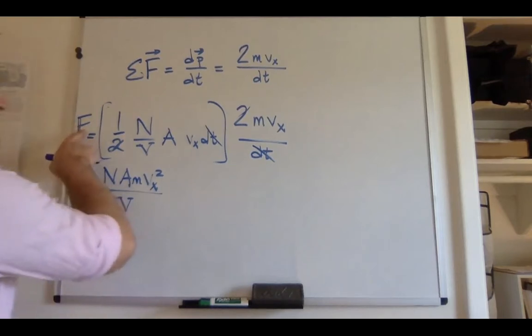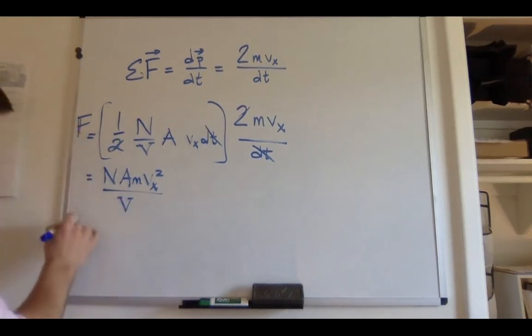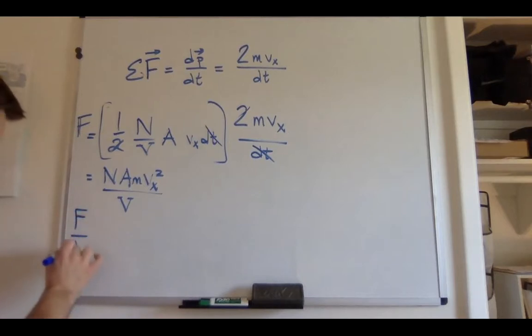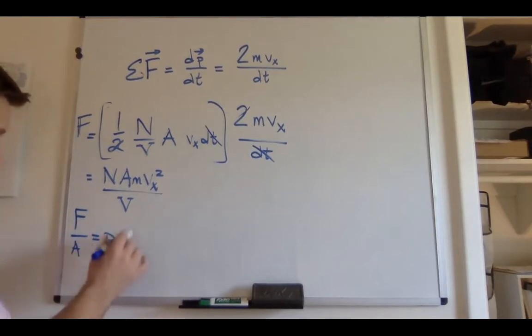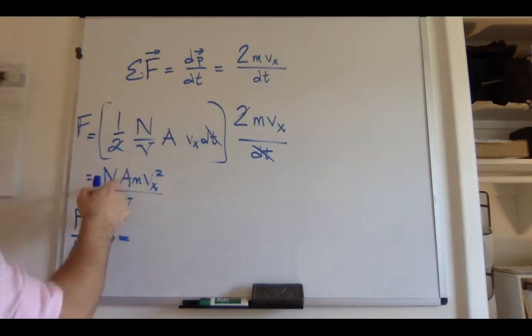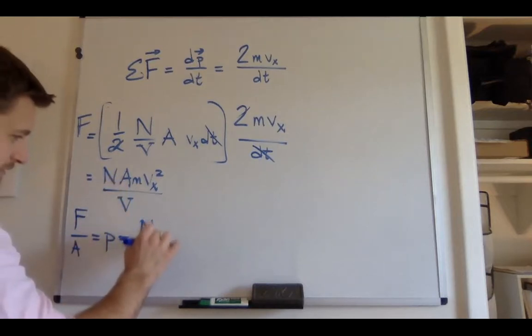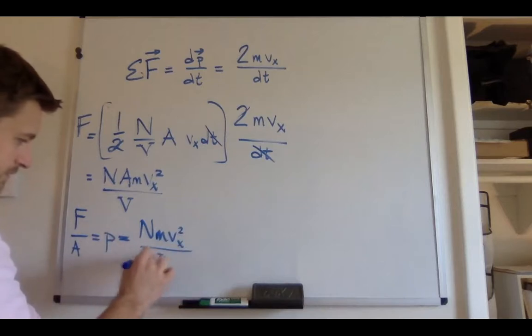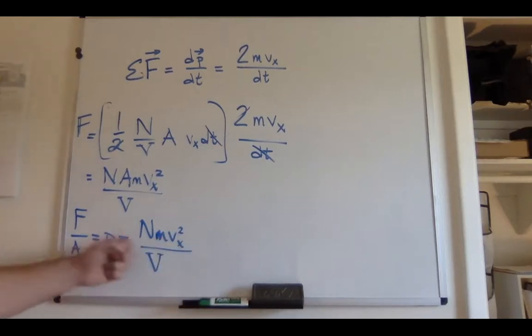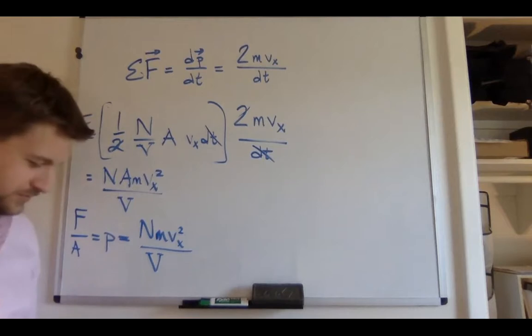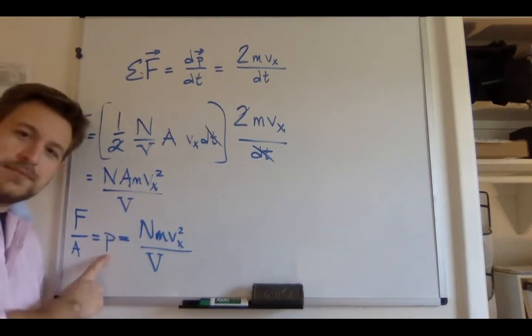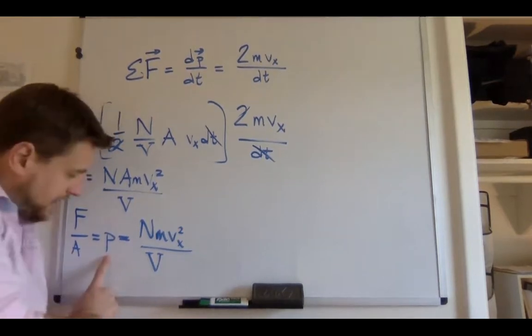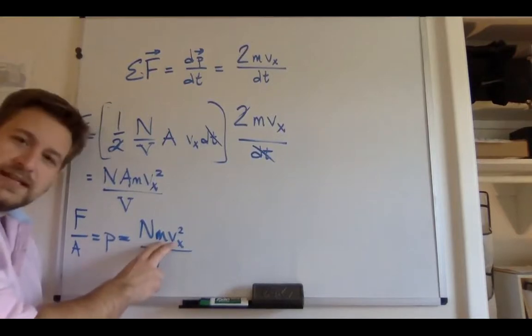The force exerted on that wall divided by the area of the wall is the pressure exerted on the wall. So we divide by the area, giving N m vx squared over V. And we've got a relationship for the macroscopic pressure as a result of molecular properties.